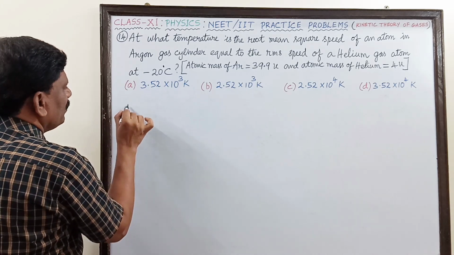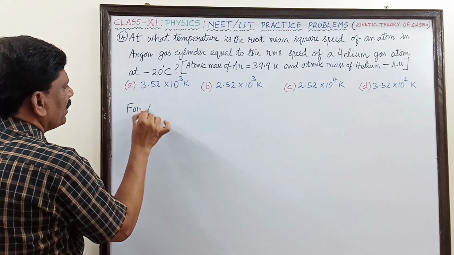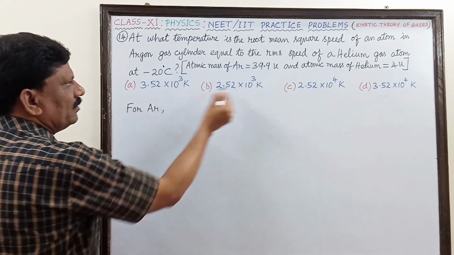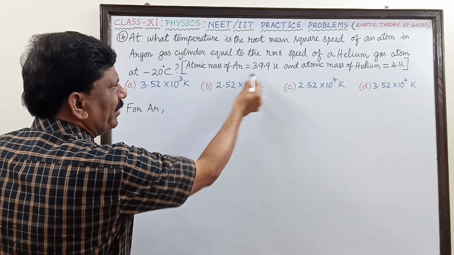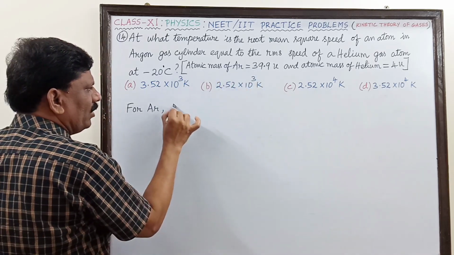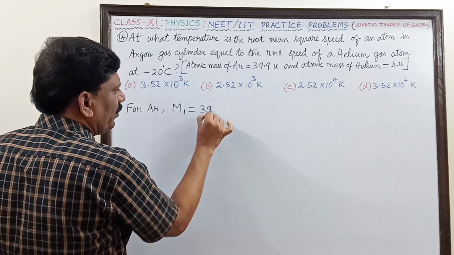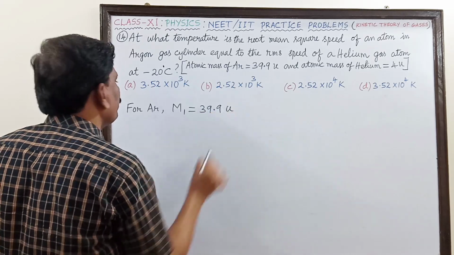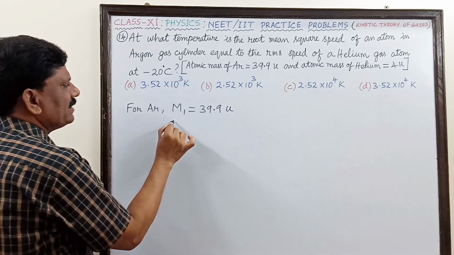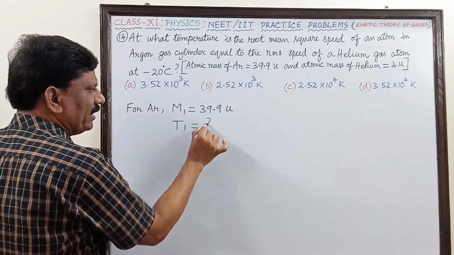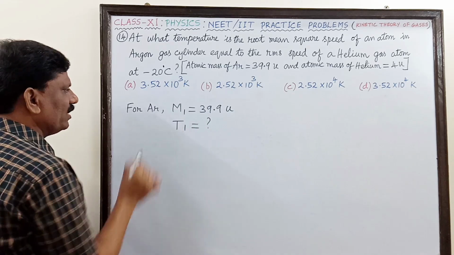For argon, what is given? The atomic mass. So here the molar mass M1 is equal to 39.9 U. And it is maintained at a temperature we don't know, which we have to find out.